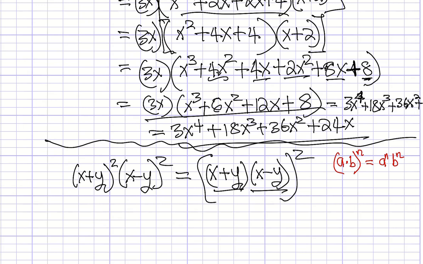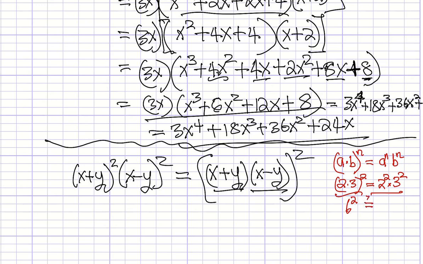Let me give you an example. Let's say we have 2 here and we have 3 here. They're multiplying each other. Now you raise it to power 2. I'm saying you can write it 2 raised to power 2 times 3 raised to power 2. Let's check. 2 times 3 is 6 raised to power 2.